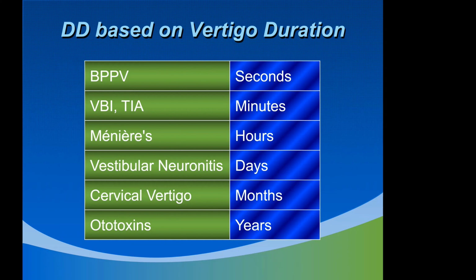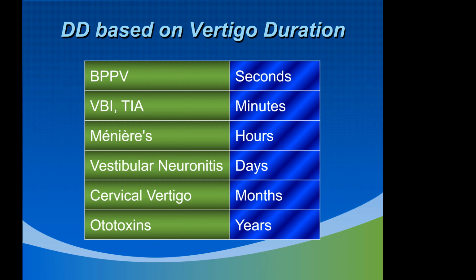Transient ischemic attacks and vertebrobasilar insufficiency: 5 minutes, 10 minutes, 15 minutes, because it is a vascular event. Meniere's disease is more prolonged, hours together they will have vertigo, the whole day, morning to evening. Vestibular neuronitis lasts 1 week, 5 to 7 days, and needs hospitalization. Cervical vertigo lasts months together.